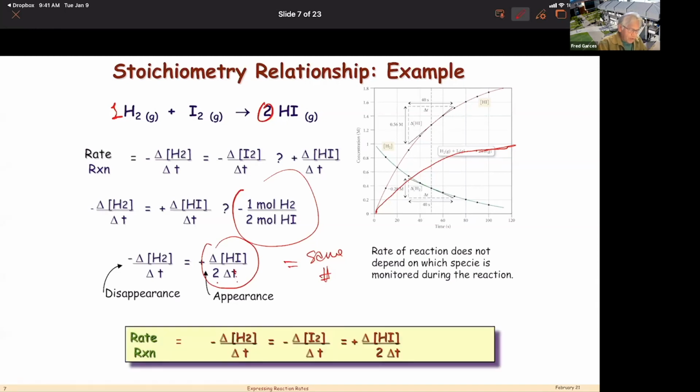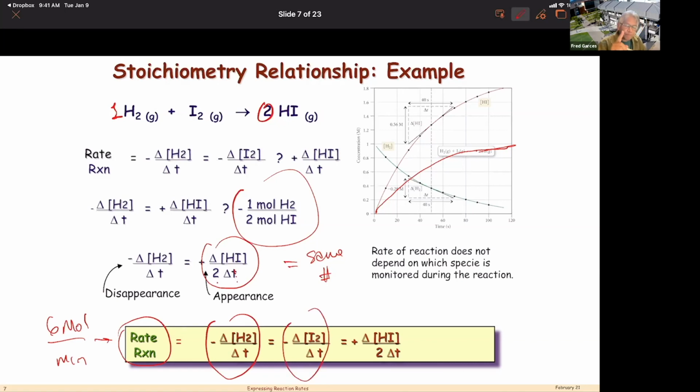So when we finally do put it all together, whatever this rate is, this rate could be like 6 molarity per minute. Remember the units is molarity per time. Whatever that is, depending on what you calculate here, the relationship is that for every 1 H2 that disappears, you also consume an equal amount of I2.